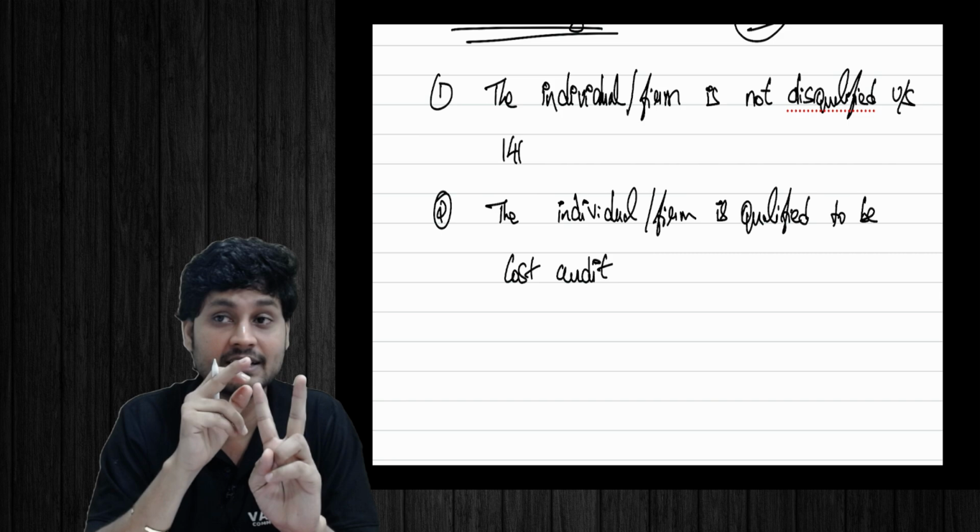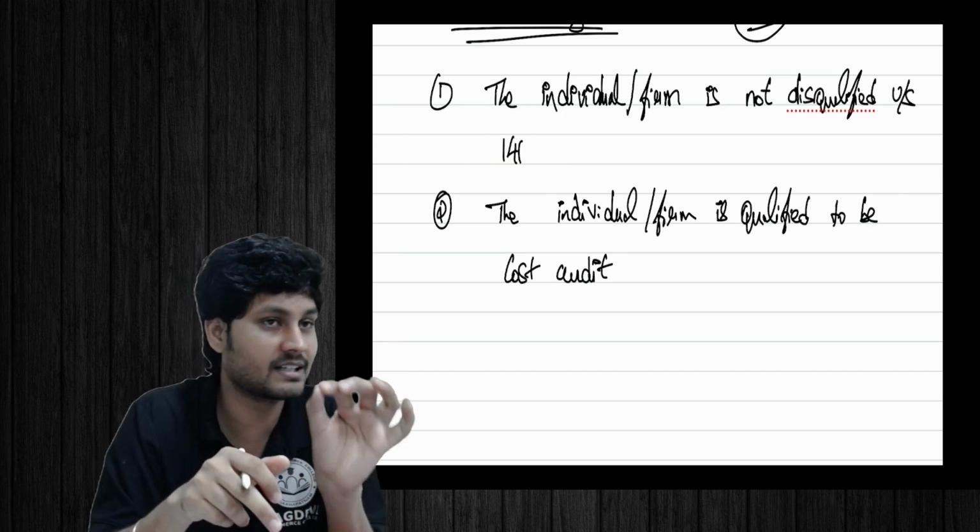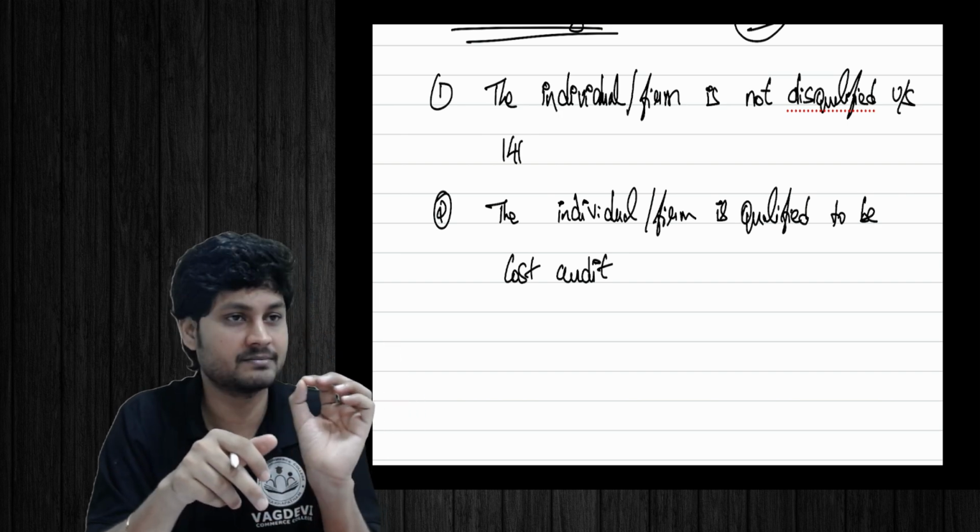So first point, he is not disqualified. Second point, he must be qualified. These are the two declarations that we need to give to the company. And point number 3.